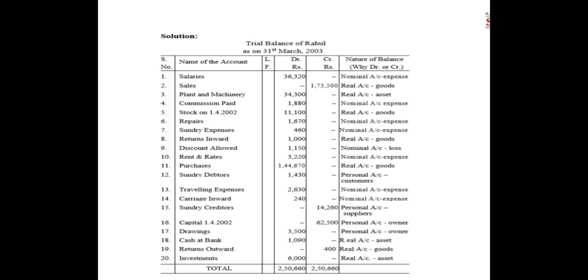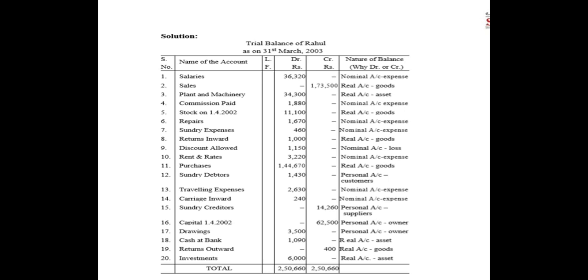So this is the opening stock. This is opening stock on 1st April 2002, means the duration of the accounting is 1st April 2002 to 31st March 2003. Stock comes in the category of the real account, it should be debited.